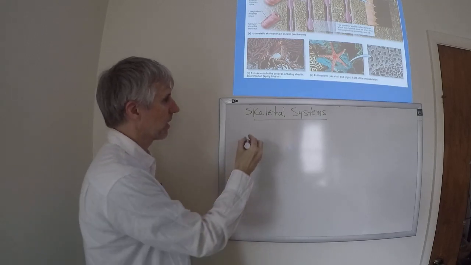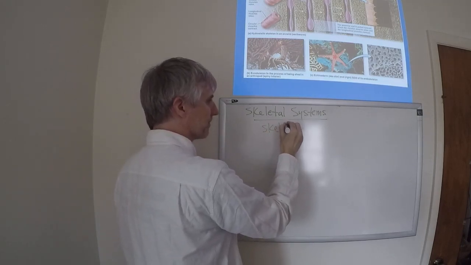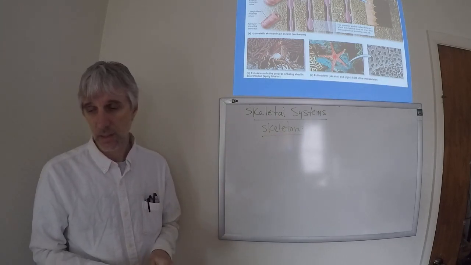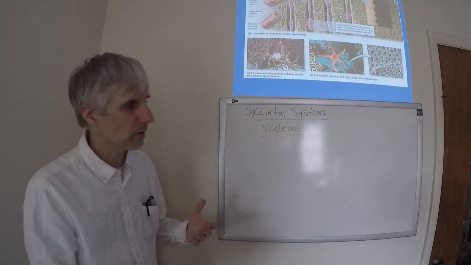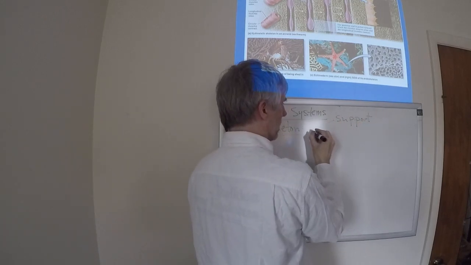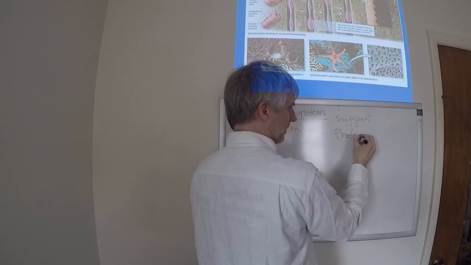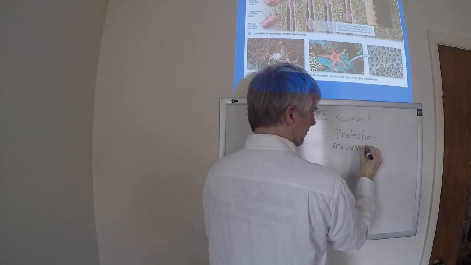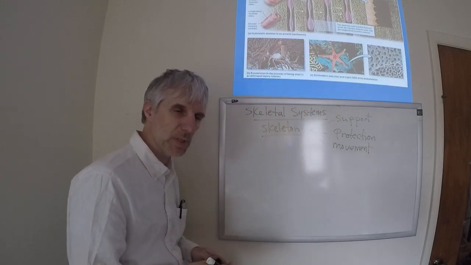All right, so a skeleton. Lots of the animals have a skeleton. The skeleton is important for support, protection, and movement. So some examples here.